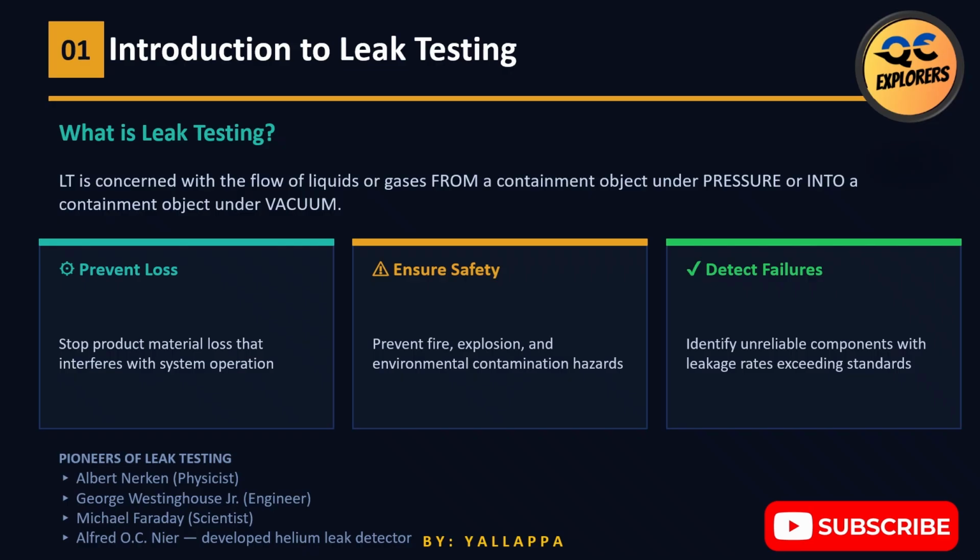The third reason is reliability. Leak testing identifies components that cannot maintain their intended containment function. This is particularly important in aerospace, nuclear, military, and oil and gas industries. Remember this. Leak testing is not merely about finding holes. It is about ensuring containment integrity. And containment integrity directly affects safety, reliability, and profitability.